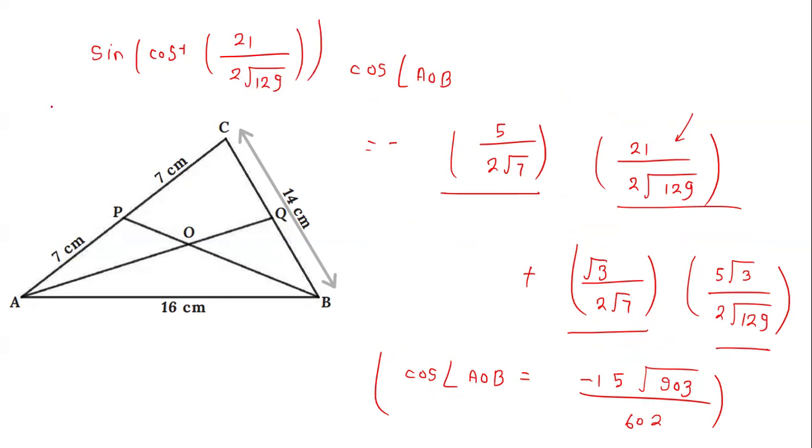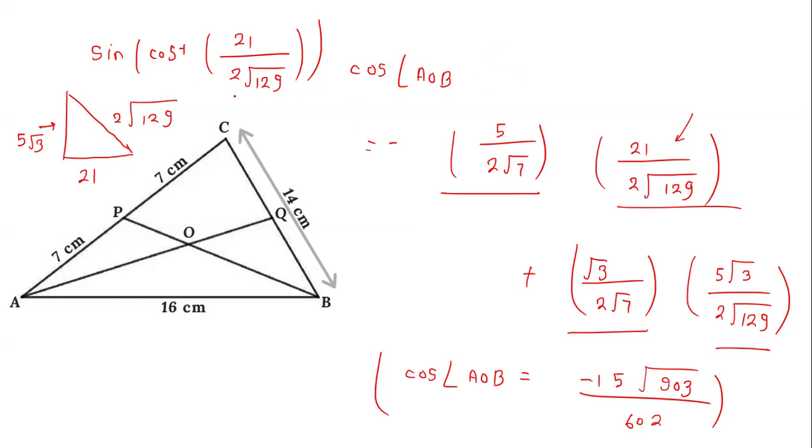We can easily calculate this term: this is 21, this is 2 root of 129, and you can calculate the perpendicular will come like 5 root 3. If you simplify this, it will come like this.